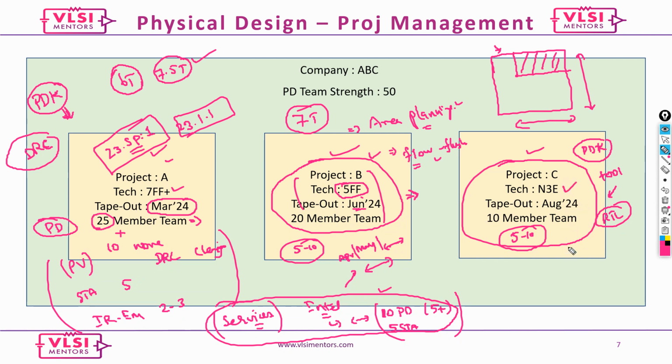Then there are your integration guidelines. Say there is a block width, and there are certain guidelines when you are coming up with a block width and a height. Up to 16 nanometer, we never had any restrictions; you could choose the height and width as per your requirement. But from 7 nanometer onwards, the block width has to be certain values, and the block height also should be certain values.